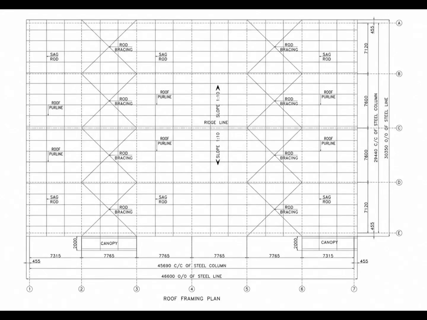Now compare the sag rod locations with the roof purlins. The roof purlins run across the roof framing arrangement and are identified at multiple locations. The sag rod labels appear in relation to these purlin zones.